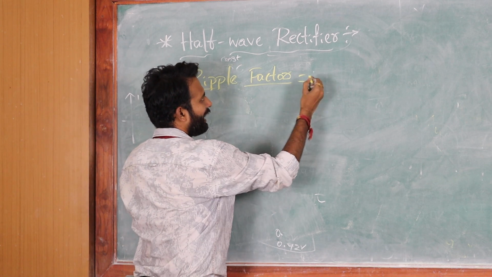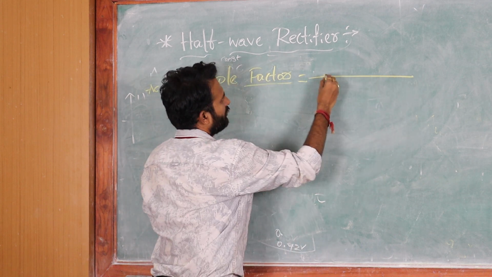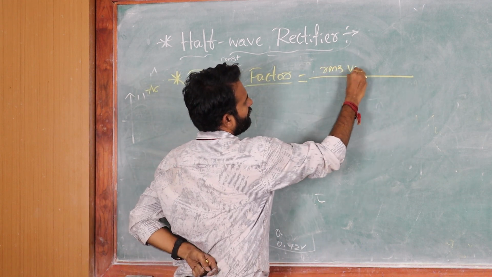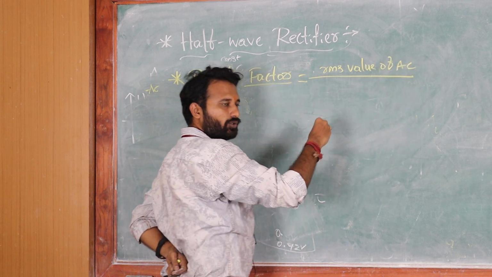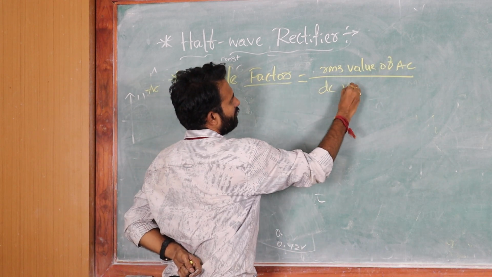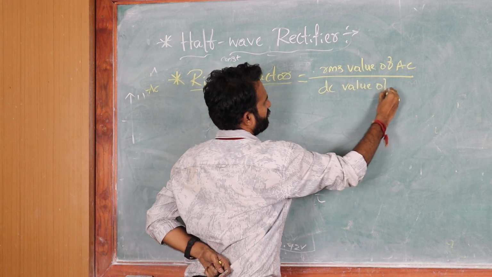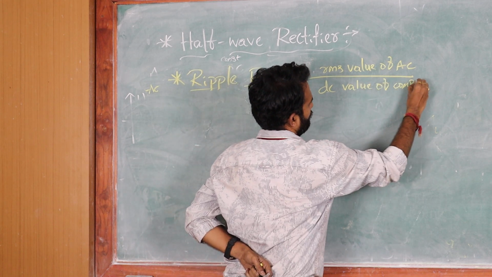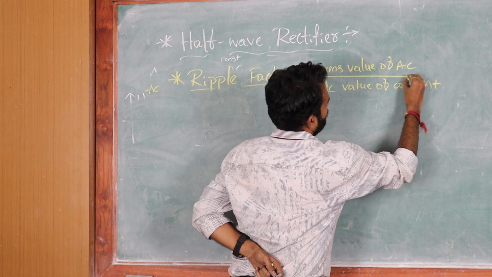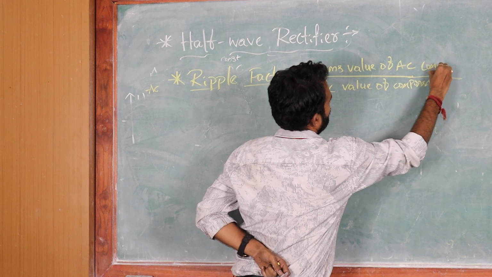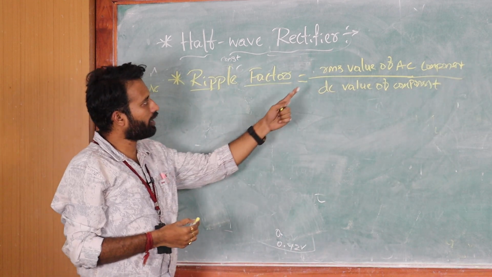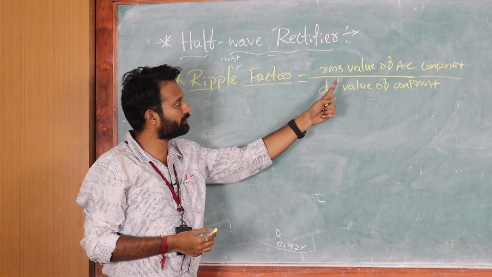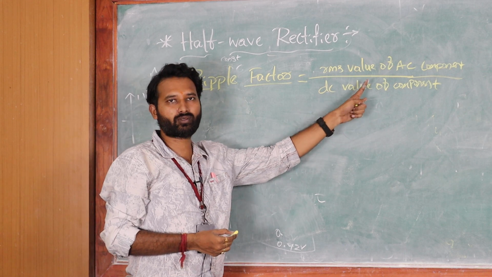It is defined as the ratio of the RMS value of the AC component to the DC value of the component.